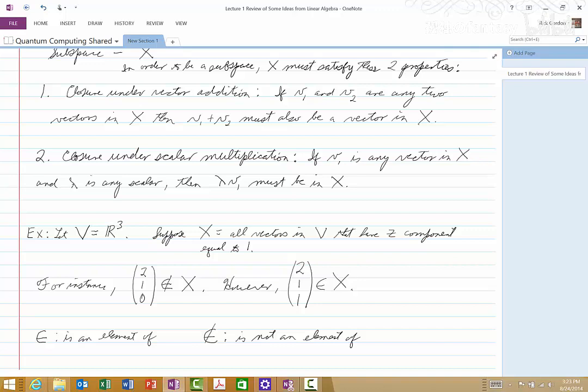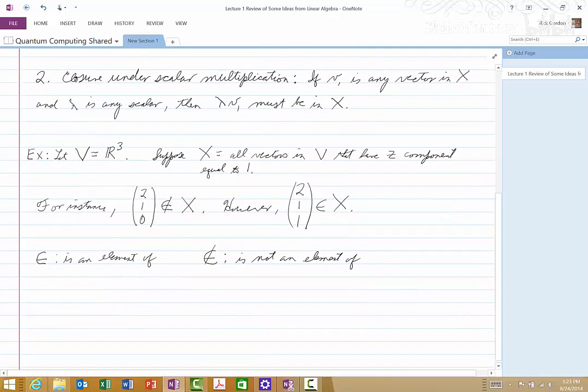The first two entries can be any real numbers you want. That is, the X and Y components can be any real numbers you wish. The only restriction is that the Z component must be equal to 1. So that's this infinite number of vectors in X, and we now want to ask, is X a subspace of V?